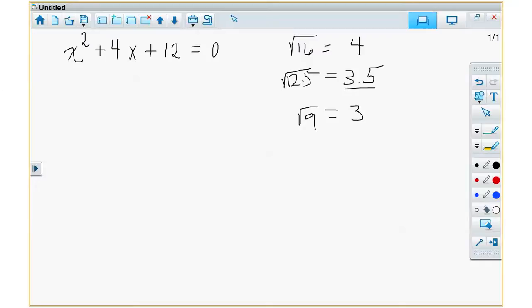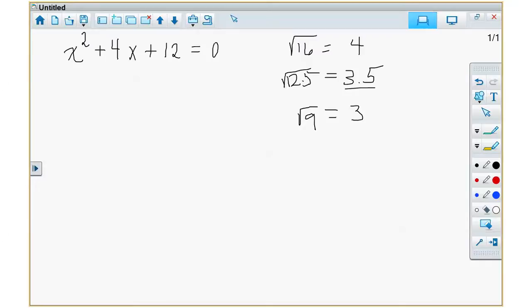Okay, negative 8 right here. Square root of 8. What do you think the square root of 8 is? 2.9. No, why'd you take out the negative sign? It's negative 8, it's not 8. Well, I'm just telling you that the square root of 8 is 2.9. I'm going to break it out in just a second.